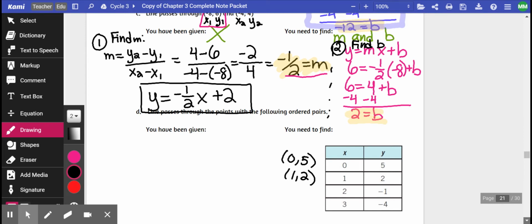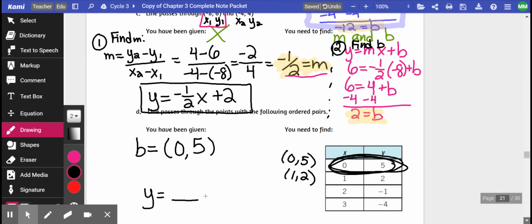Remember that B is your starting point, or wherever you have 0 for the x value. So if we look right here, we've got 0 for x, so our b value would be 5. So we already know that it's just going to be plus 5.